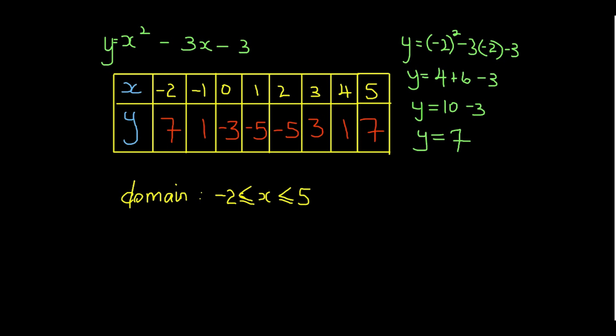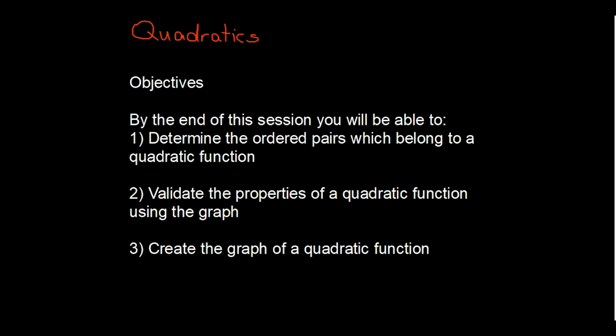And just for everybody's benefit, -2, 7 would be 1 point, then -1, 1, then 0, -3. So just remember, pair an x value with a y value. So the two values in any one row would give us one coordinate, and that's what we plot. So based on what we just did, does everybody feel 100% comfortable with the idea of obtaining the ordered pairs for a quadratic function? All right, so we're good to go here.